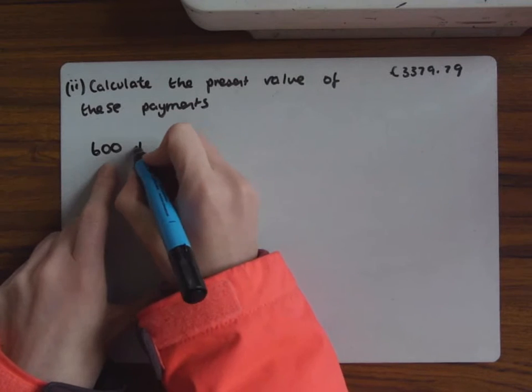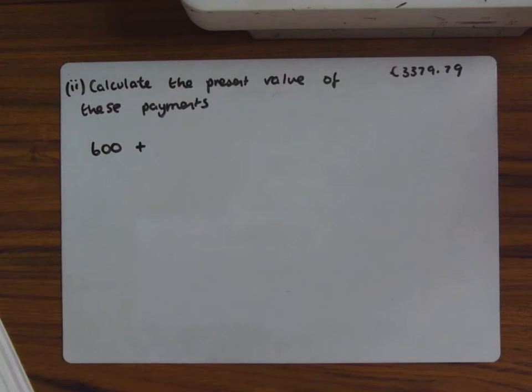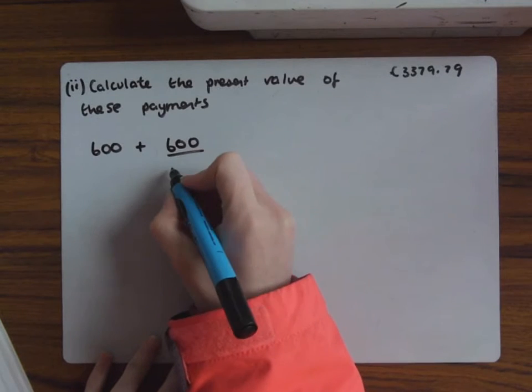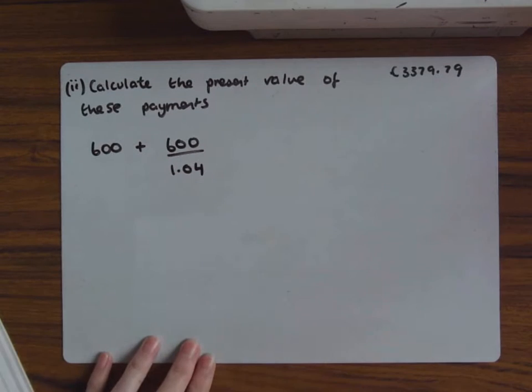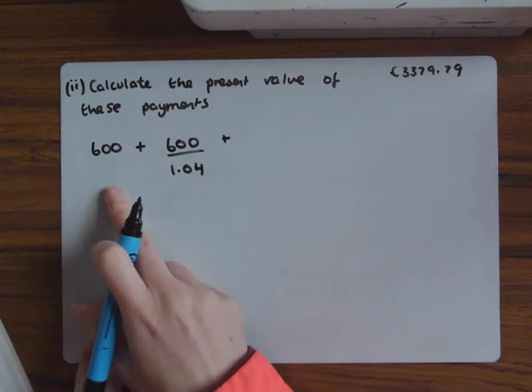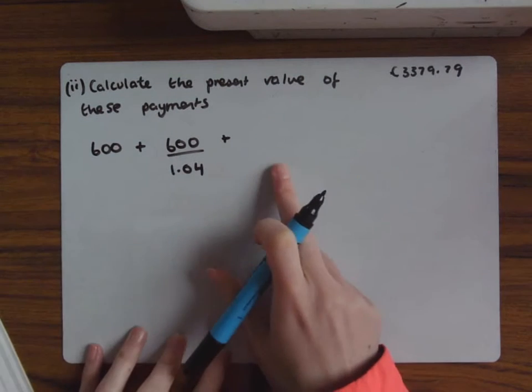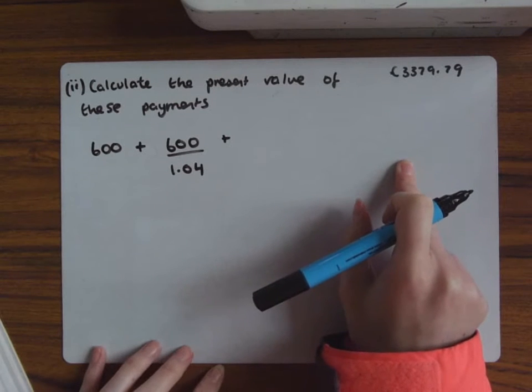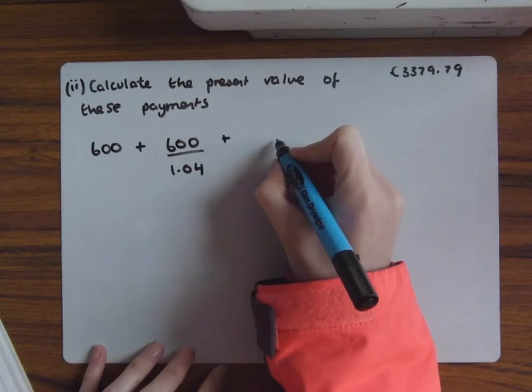Now, the 600 that's going to be in there for a year, the present value of it will be this. 1, 2, 3, 4, 5. It's not going to be divided by 1.04 to the power of 5.